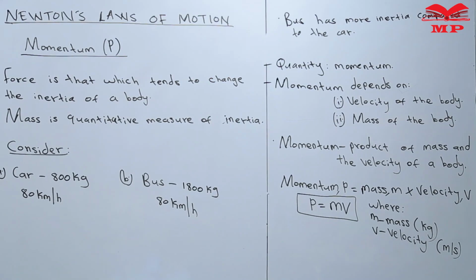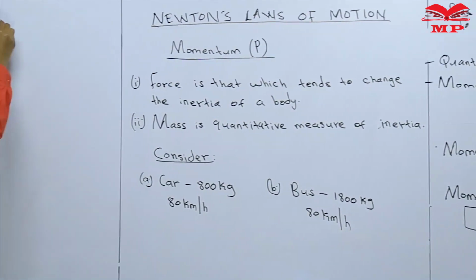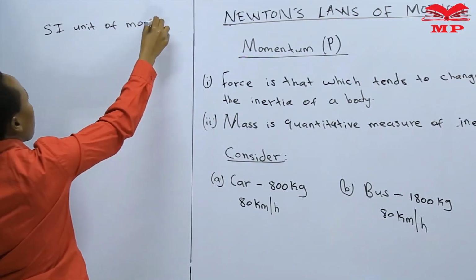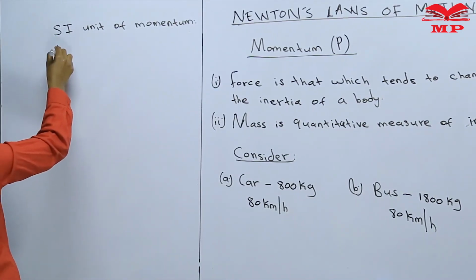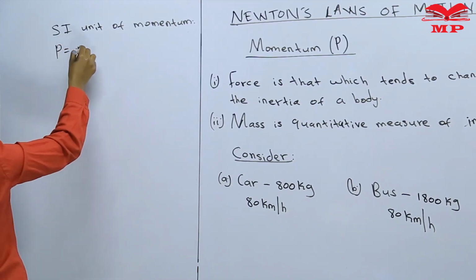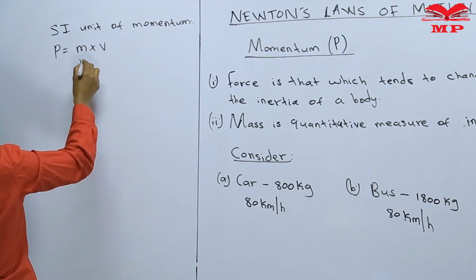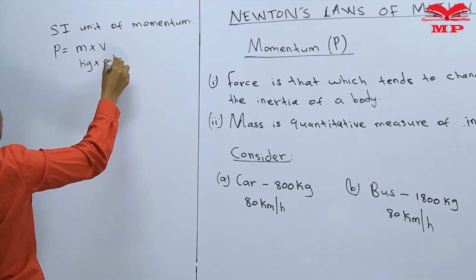Therefore, from that formula, we can get the SI unit of momentum. We are saying that momentum is equal to mass multiplied by velocity. We know that the unit for mass is kilograms, and for velocity we have meters per second.